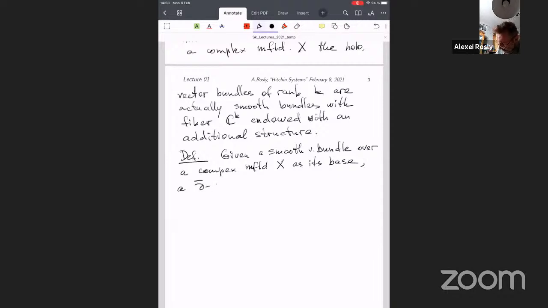A D-bar connection in a smooth vector bundle, say E, is the following differential operator: a first order differential operator on smooth sections of E, or more precisely on differential forms with values in E.